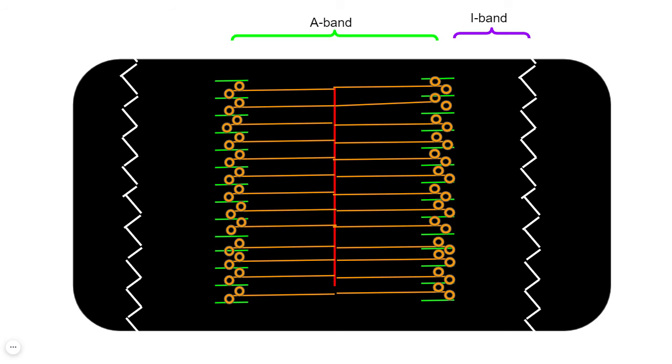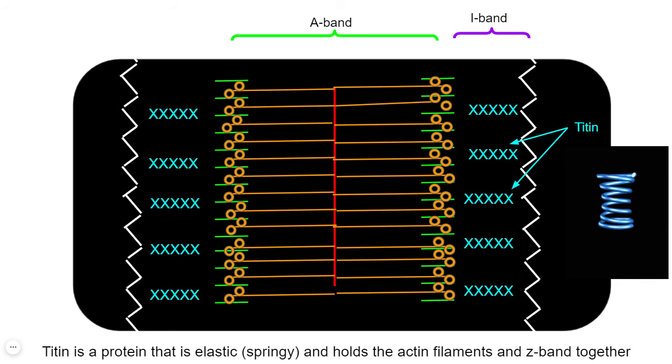When we go Z-line to Z-line, we see a few very important things. You have your A band, you have your I band, and we put some new structures in here. These little X's are like springs. They're a protein called titin. Titin is an elastic, springy protein that holds the actin filaments, those green things, and the Z band together.